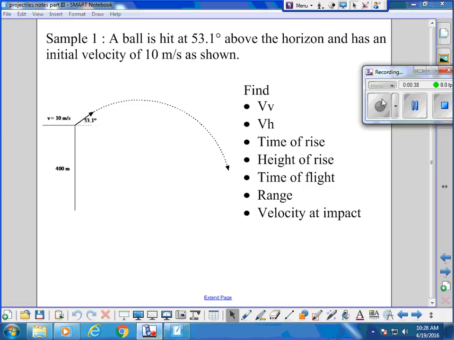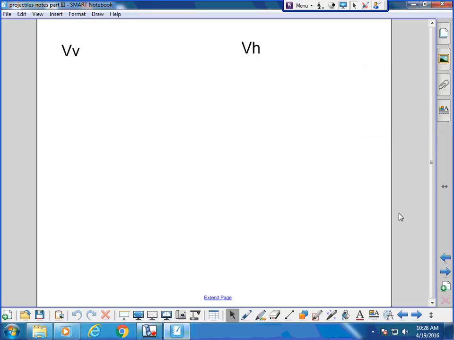Okay, so as in just about every situation, you should begin by finding the two components, VV and VH, of the initial velocity. So let's go ahead and do that. So VV and VH, now do I have them? No. Got to write them out.